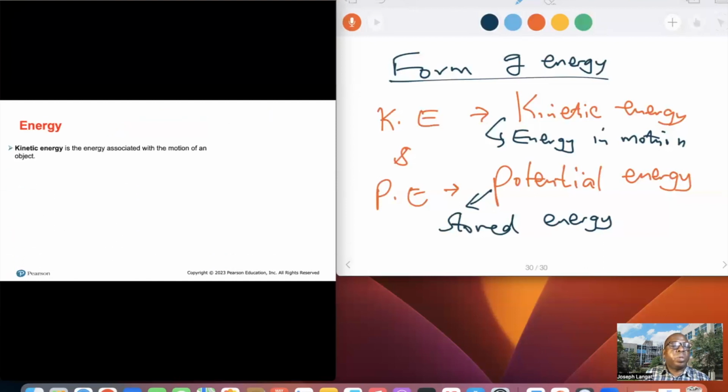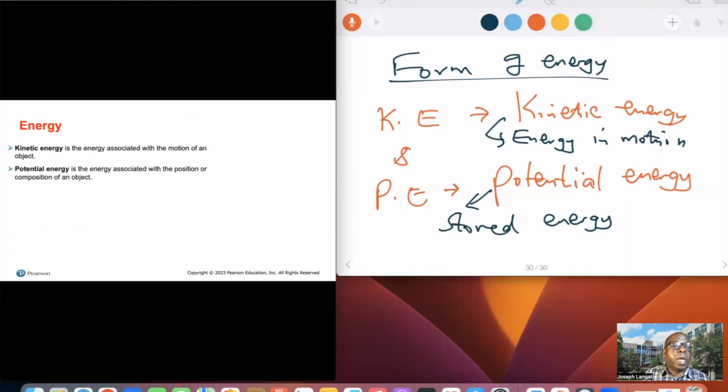What I want to point out is you should be able to define potential energy and kinetic energy. Kinetic energy, abbreviated here as KE, is the energy associated with the motion of an object. Here I say energy in motion. It's the same thing, all right?